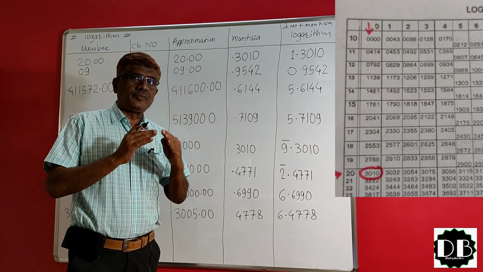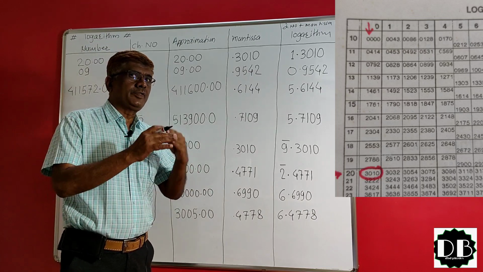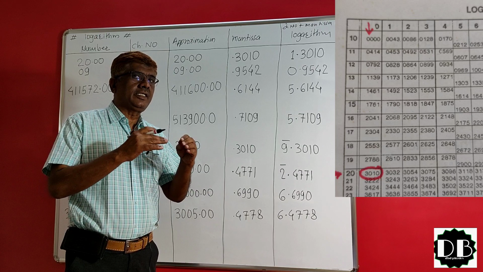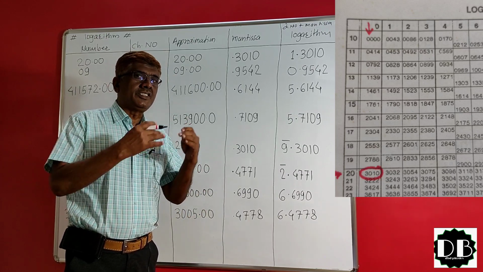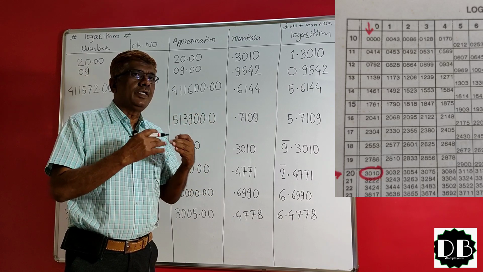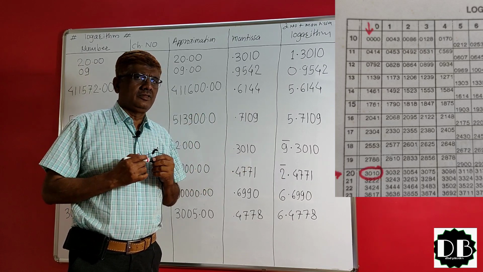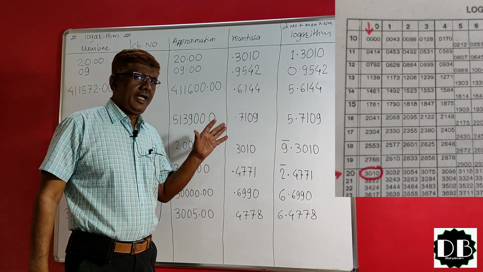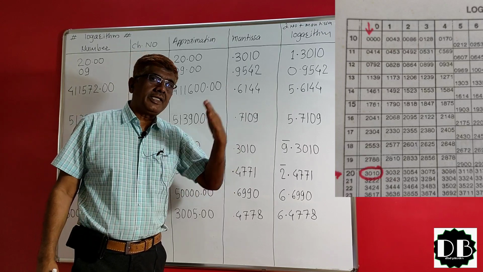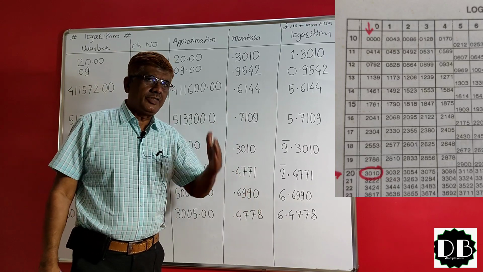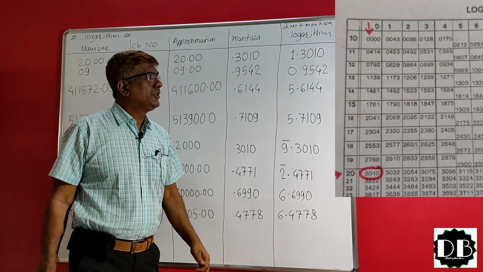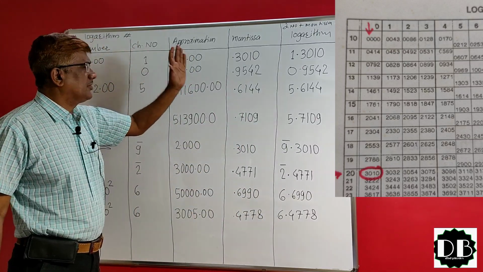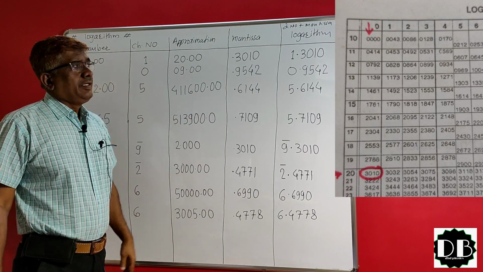Approximation doesn't matter up to a 4-digit number. If the number is greater than 4 digits, then the 5th digit we have to consider and add 1 or just reject it. It matters for numbers of 5 digits or greater. So here it is no matter for approximation. Write it as is, 20.00.